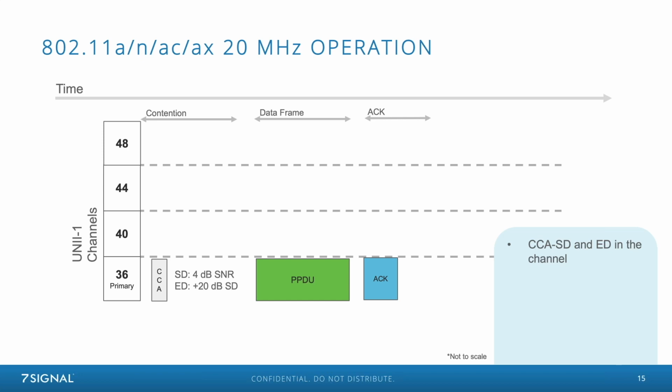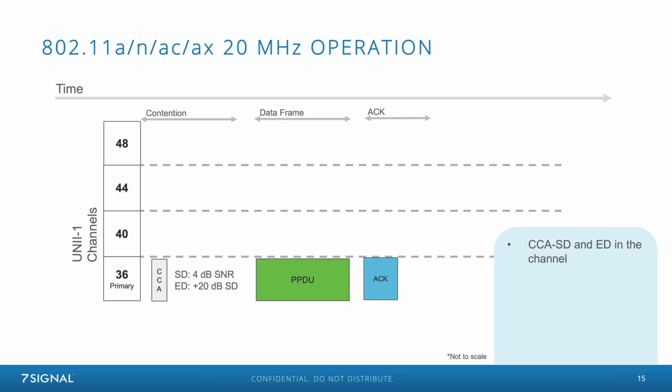If both of those pass, so we call the channel idle, we transmit our PPDU. That's just a fancy way of talking about a data frame. It's a physical layer protocol data unit. And then we get our ACK back when it's received. Everybody's familiar with this, and the other parts of EDCA happen as well, but today we're really focused on CCA.